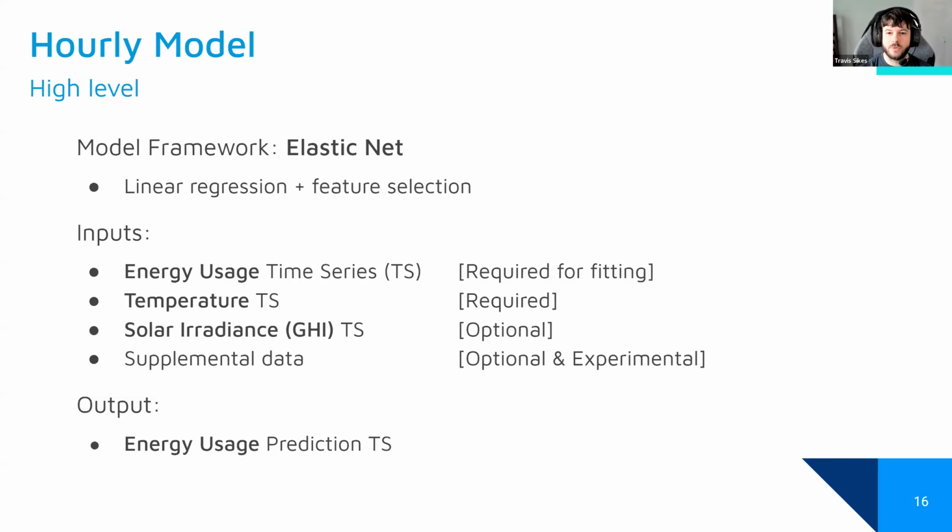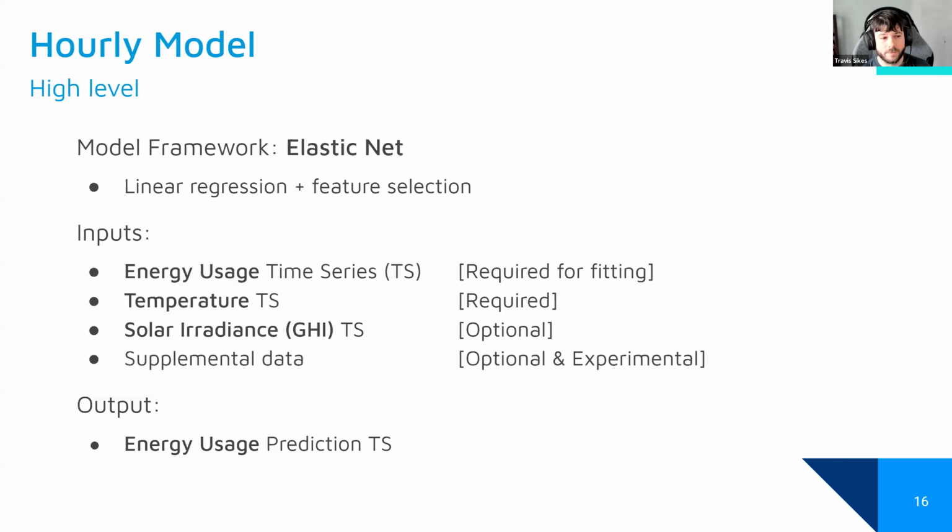That way, we can basically do a drop-in replacement for the prior CalTRACK model, where the prior CalTRACK model did not require solar irradiance, and in many cases, it's unnecessary to run solar irradiance if you know that your customers do not have any kind of solar panel system on their building, or if you're unable to acquire the solar irradiance data.